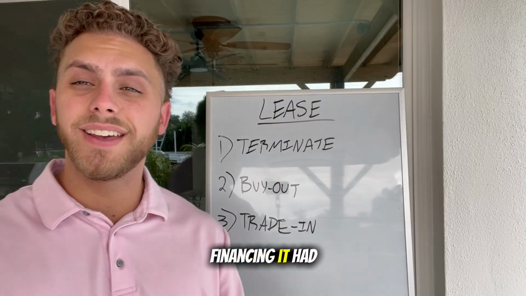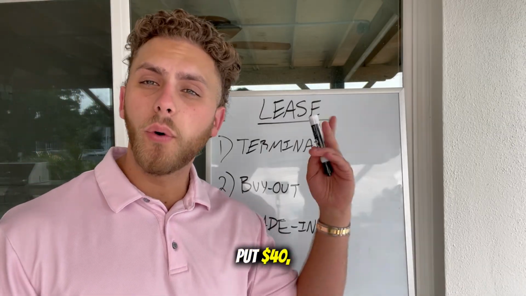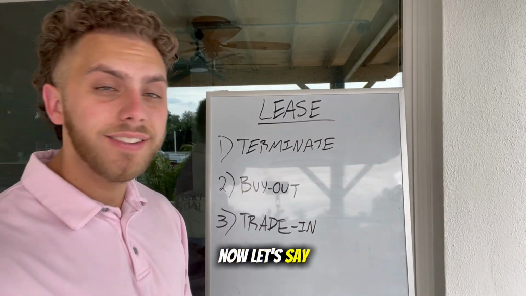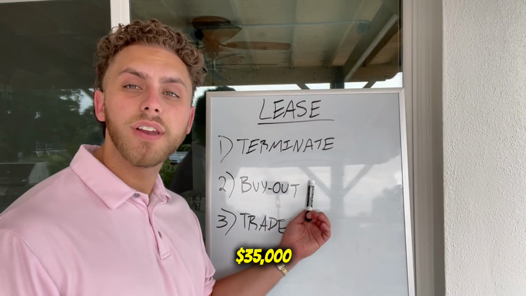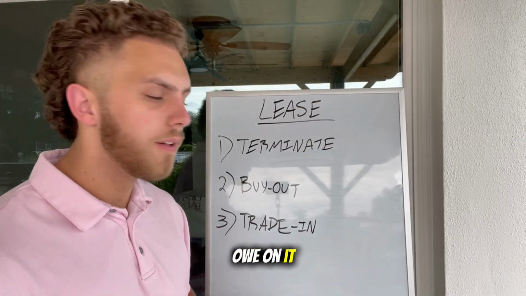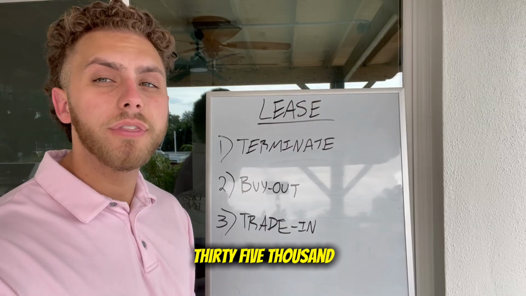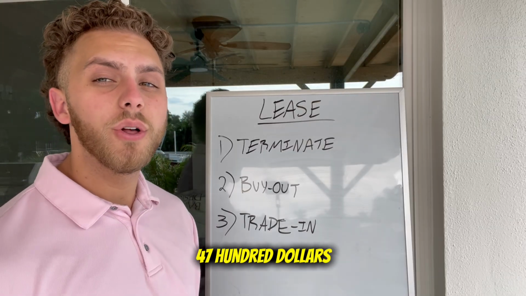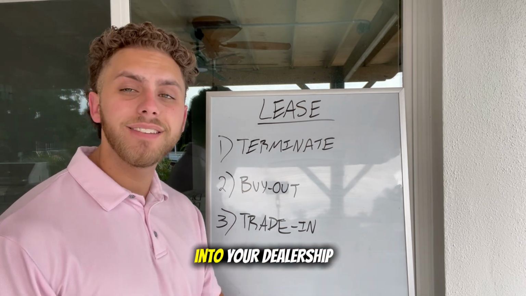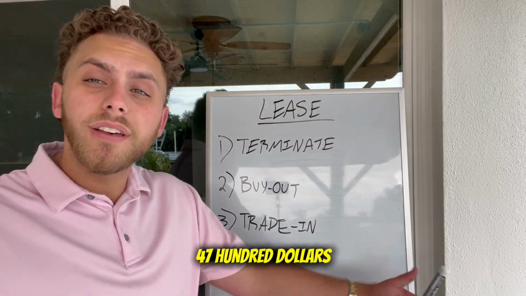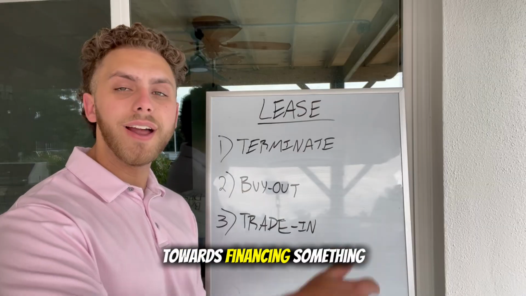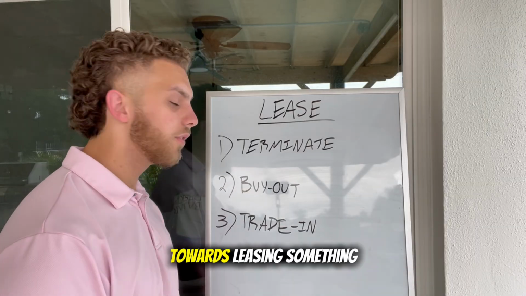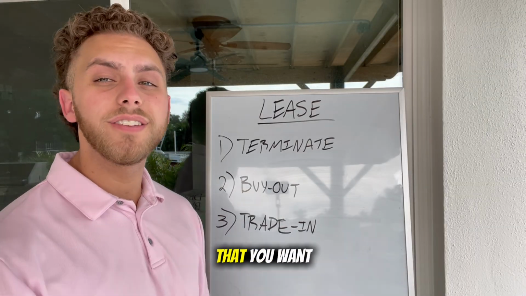If you were financing it, or had it paid off, they're going to put $40,000 as the value. Now, let's say your residual is still that same $35,000. That's what you owe on it, plus your disposition fee. So you owe $35,300 on it. You have $4,700 in equity in that. So you can trade that back into your dealership and basically have $4,700 down. That can go towards financing something else, or towards leasing something else, whatever it is that you want to do.